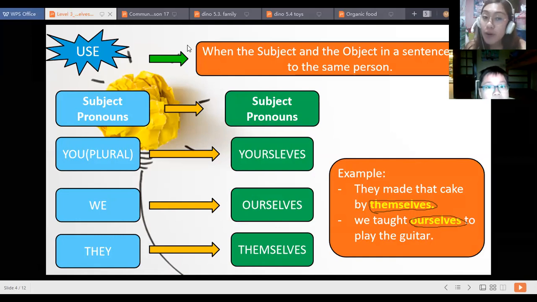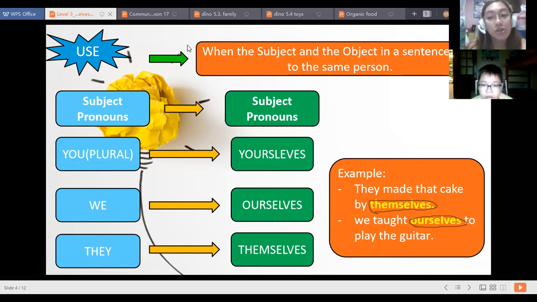For example, they made that cake by themselves. We taught ourselves to play the guitar.